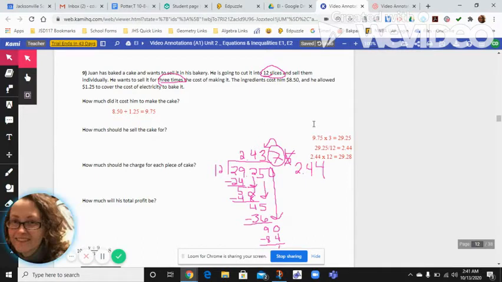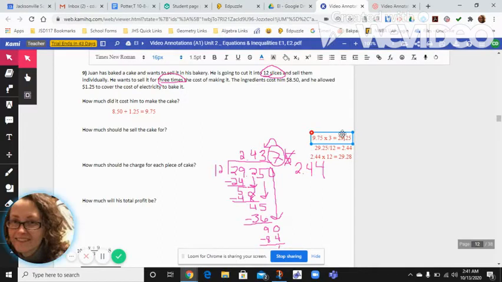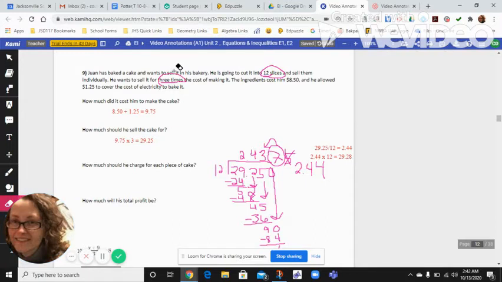He wants to sell this for 3 times that amount. So I'm going to take that $9.75, multiply it times 3, and I get $29.25. So let's go ahead and remove the 3 times, just trying to help myself stay organized and clear up clutter as I'm going.